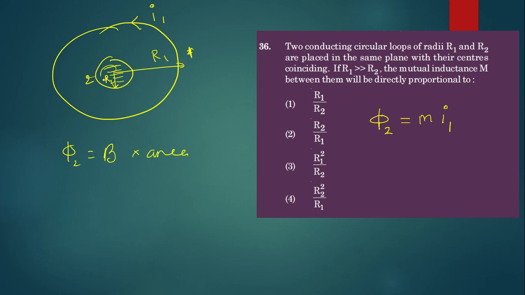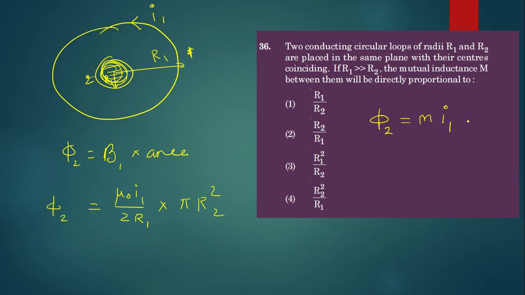Now magnetic field in the second coil will be due to coil 1. So due to coil 1, magnetic field at the center will be mu naught I1 divided by 2 R1, and the area of the second coil is pi R2 squared.